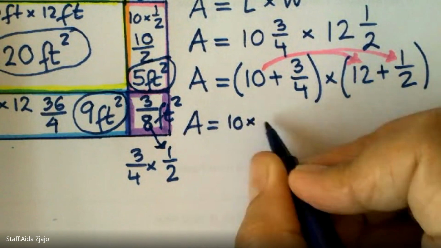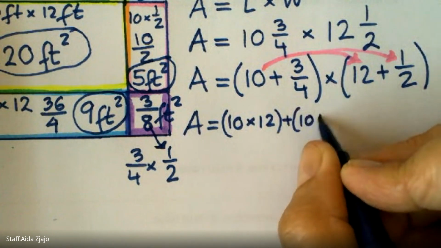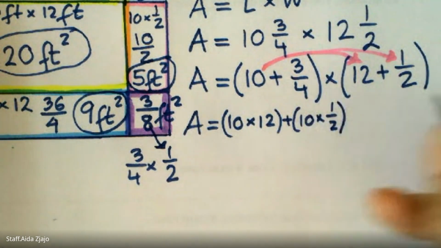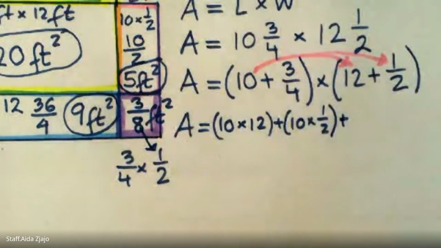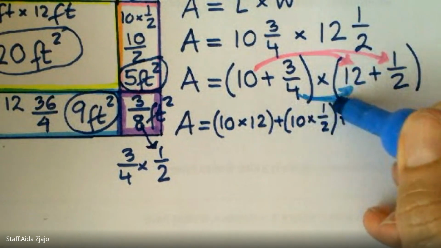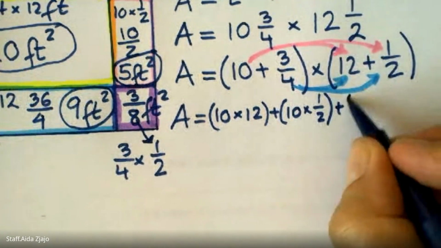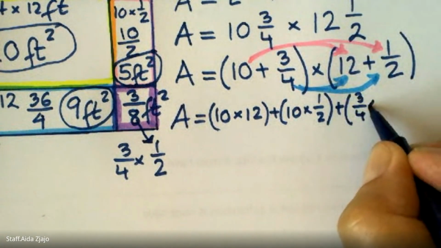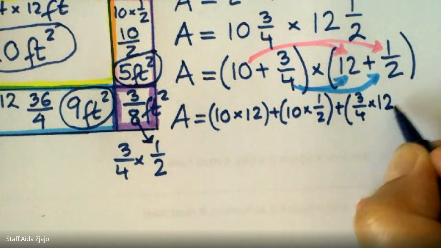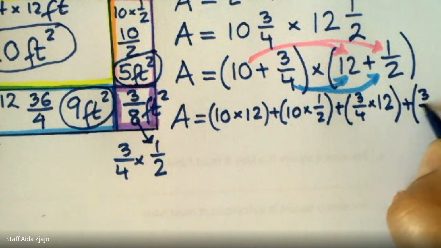Then I'm going to do 3/4 by 12 and 3/4 by half. So 3/4 of 12 plus 3/4 of 1/2.